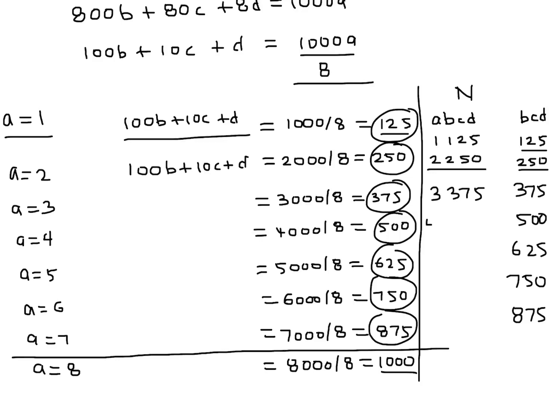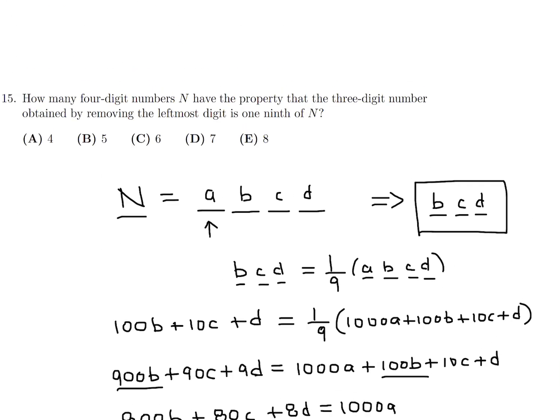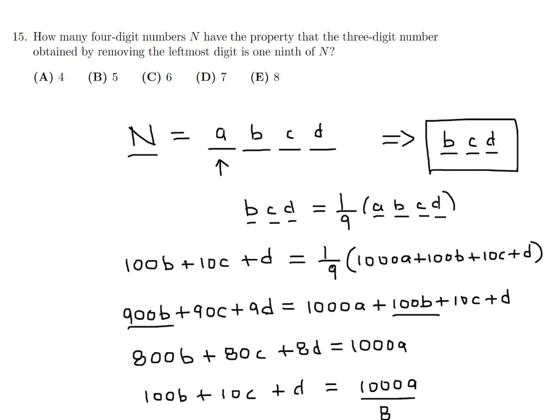You don't really need to figure out the n's, but I'm just doing it for the sake of completion. 5625, 6750, and 7875. So we got 1, 2, 3, 4, 5, 6, 7 such n's. So therefore, the answer to number 15 is 7, which is D.